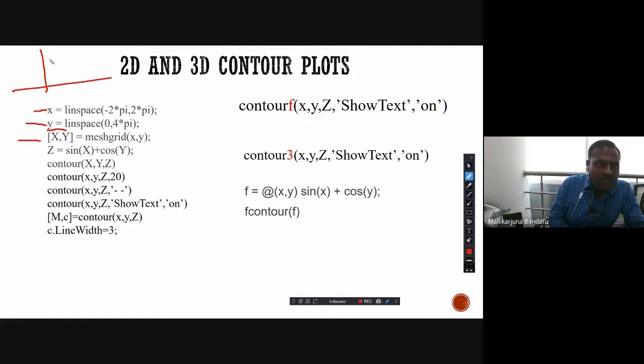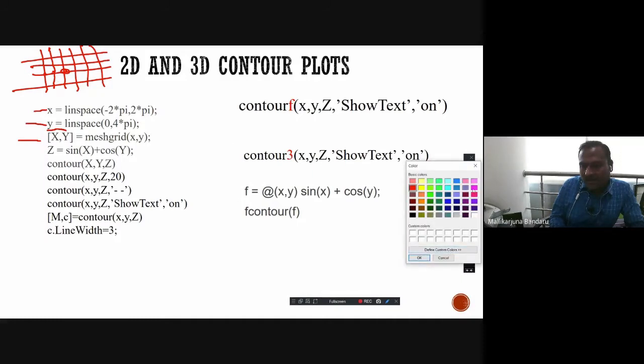We are making the grid like this. Exactly at what points we are assigning the x value. Suppose this is the point and this is the point, this is the point. Let me take a different color, then you feel exactly what it is. Yeah, this is a different color.